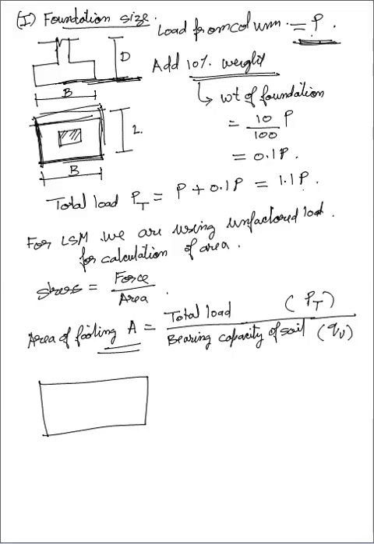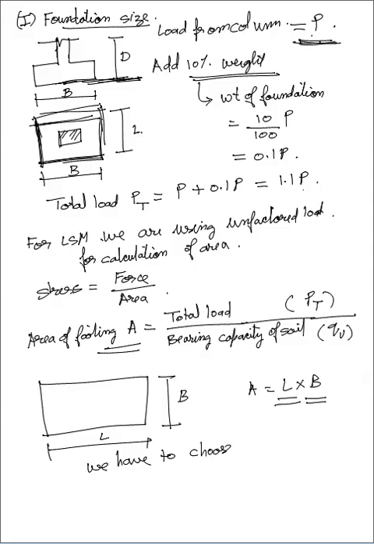We know the formula: area is basically L into B. This is your footing, so area is equal to L into B. So appropriate L and B we have to choose, because ultimately we will be designing the isolated footing. The values of L and B we have to choose, but ultimately we have to satisfy this equation, A is equal to L into B.